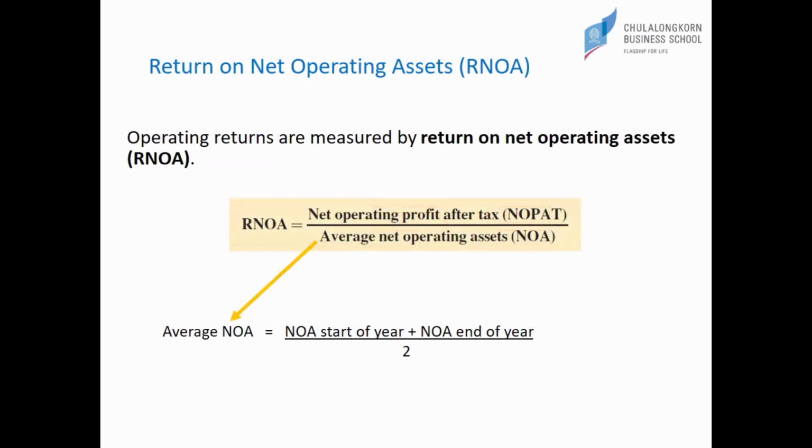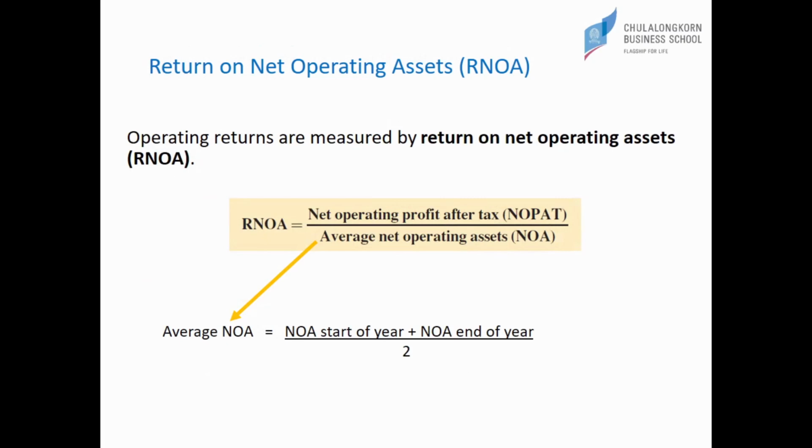So first, let's look at the return on net operating assets. These operating returns are measured by return on net operating assets. It can be calculated as net operating profit after tax, or simply called NOPAT, divided by average net operating assets, calculated as the average.